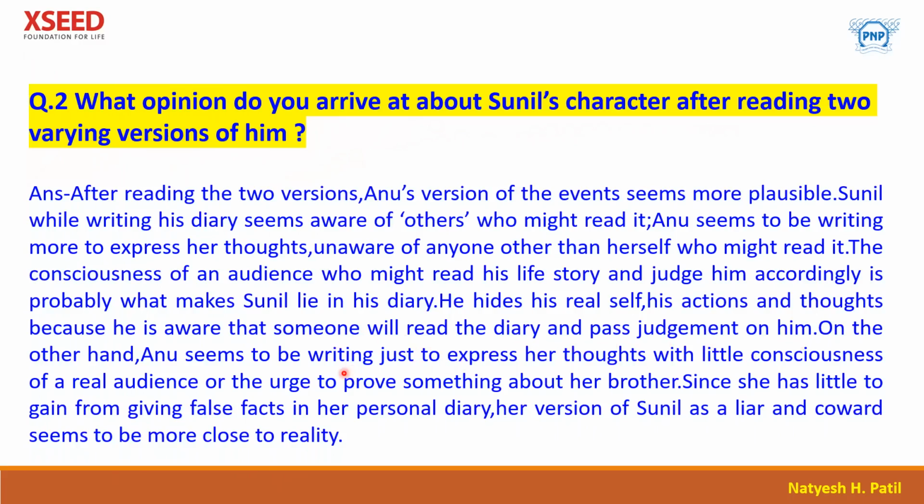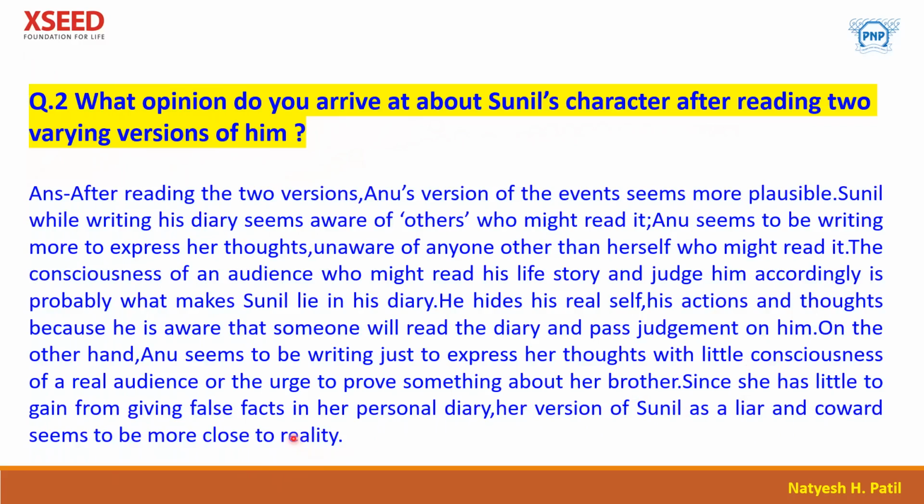On the other hand, Anu seems to be writing just to express her thoughts, with little consciousness of a real audience or the urge to prove something about her brother. Anu has not written this diary for anyone. Anu has written the diary for herself. That's why she doesn't want to prove or show anything to anyone else.